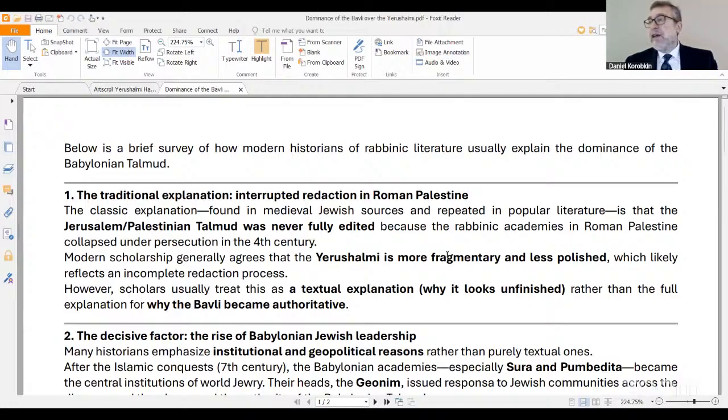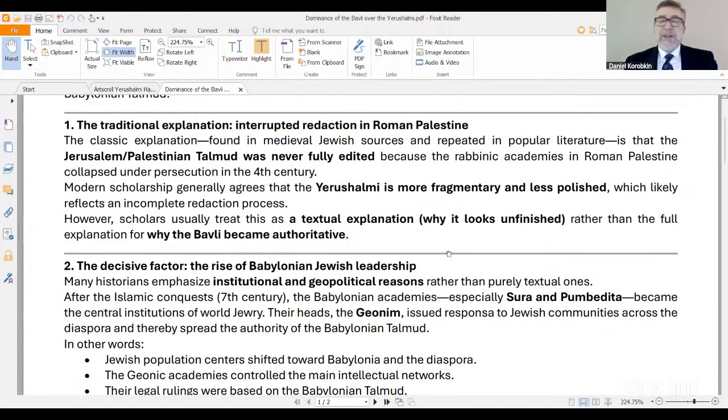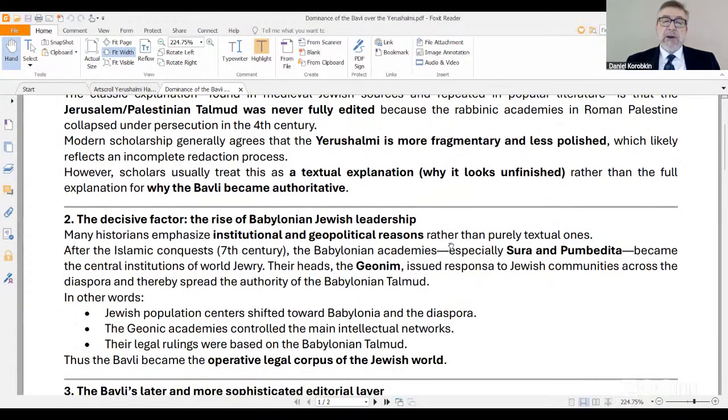However, scholars usually treat this as a textual explanation, why it looks unfinished, rather than the full explanation for why the Bavli became authoritative. Number two, the decisive factor: the rise of Babylonian Jewish leadership. Many historians emphasize institutional and geopolitical reasons rather than purely textual ones. After the Islamic conquests of the 7th century, the Babylonian academies, especially Sura and Pumbedisa, became the central institutions of world Jewry.